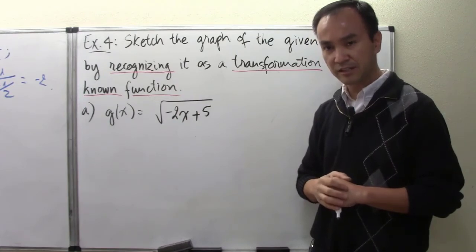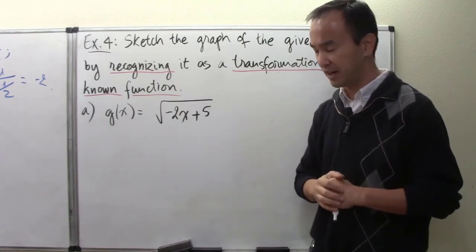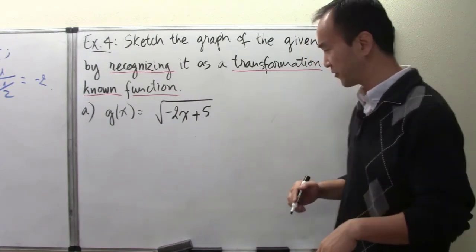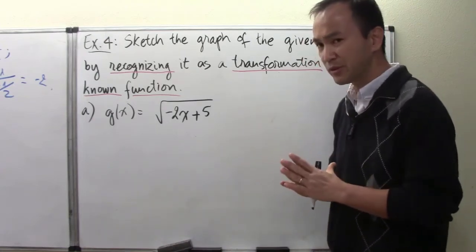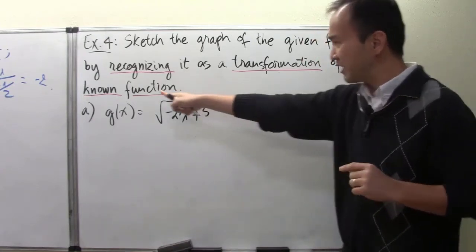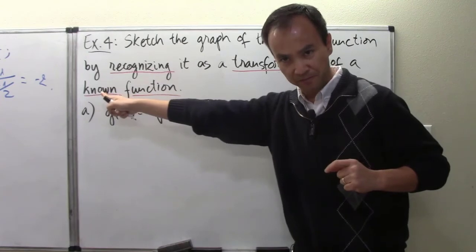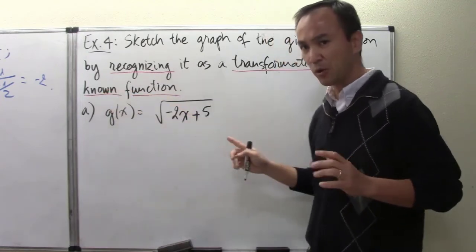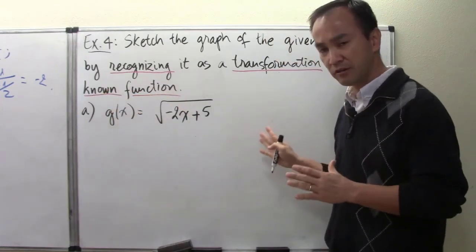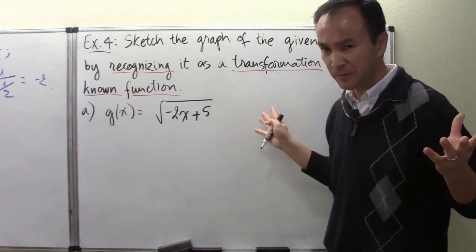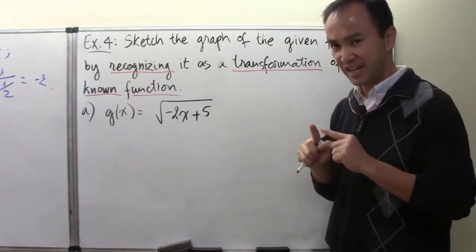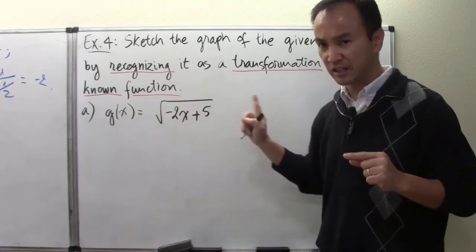That will immediately remind me of this following known function. All we need is to think of a known function. At this point, when I'm about to point out this known function, I did not even point out any connection or relationship between this g and the known function yet.